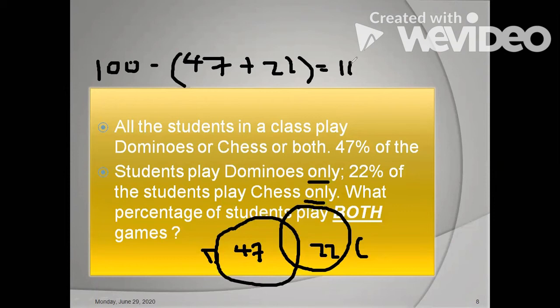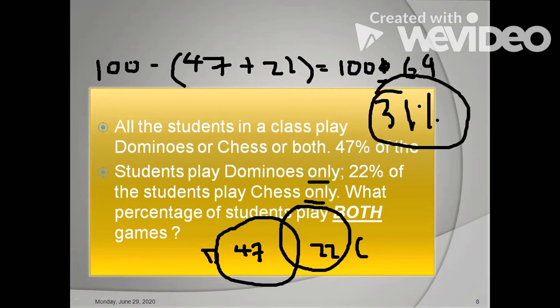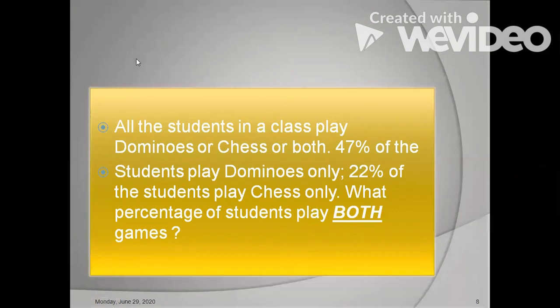So 47 plus 22 is what? 69. Oh, sorry, this should be a subtraction. And when we subtract 69 from 100, we get what? 31. So 31% of the students play dominoes and chess. So we're gonna move on to the next question.